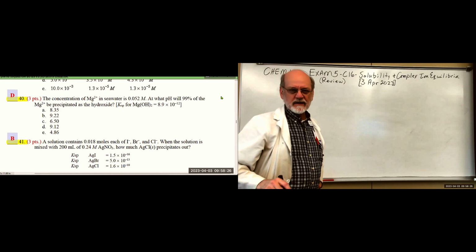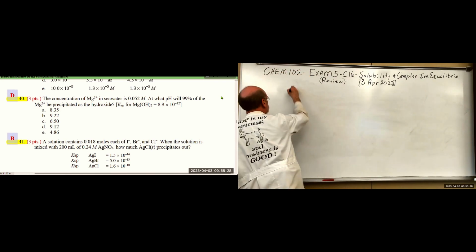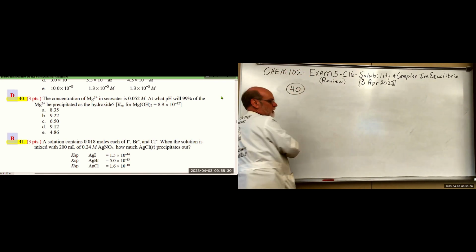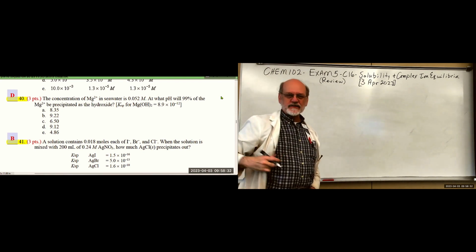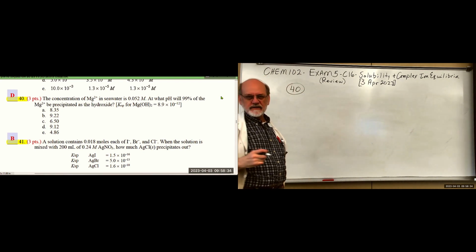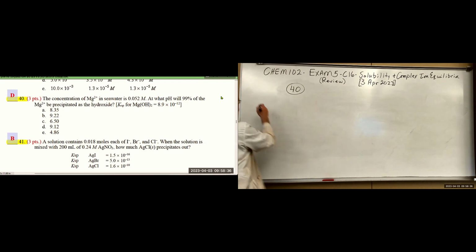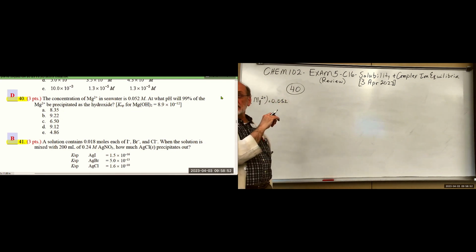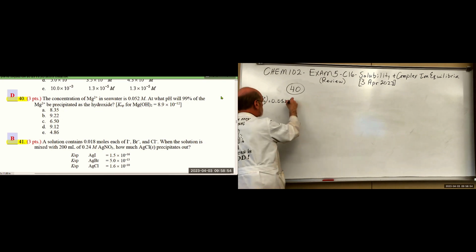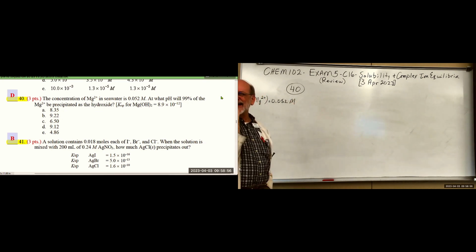So let me see if I can tackle this one. 40. Gonna mess with some seawater. The concentration of magnesium in seawater is 0.052 molar. Magnesium 2 plus is 0.052, is it? Yeah, molar. Okay.